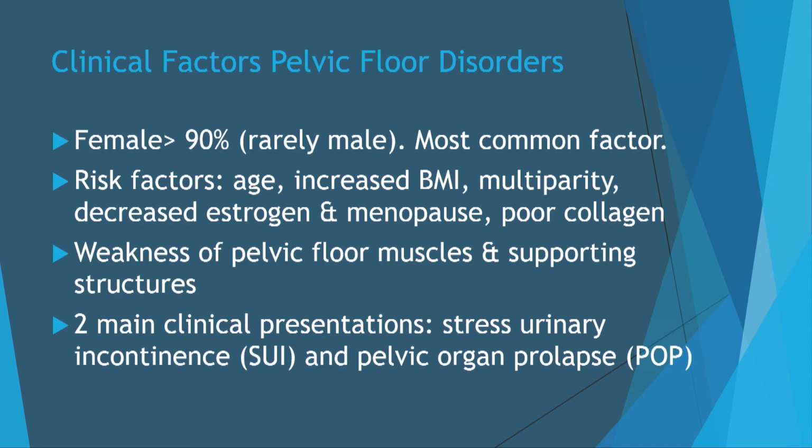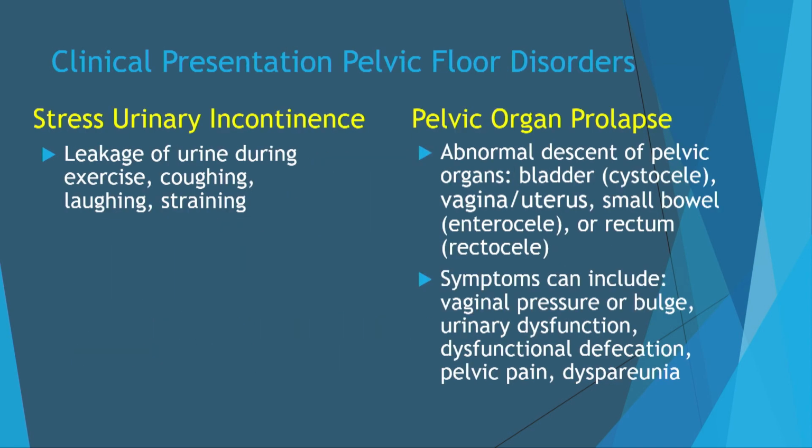There are two clinical presentations for pelvic floor disorders, and they include stress urinary incontinence and pelvic organ prolapse. Patients who present with stress urinary incontinence complain of leakage of urine during things such as exercise, coughing, laughing, and straining.